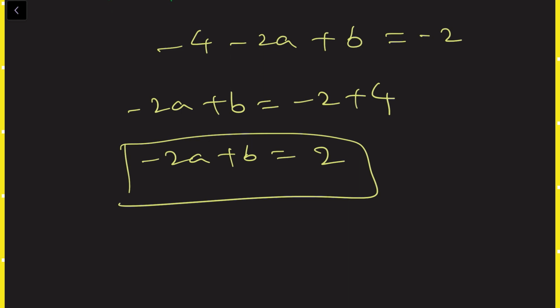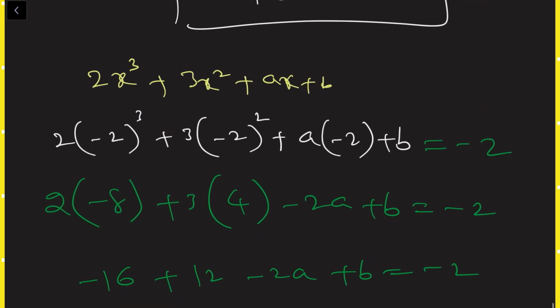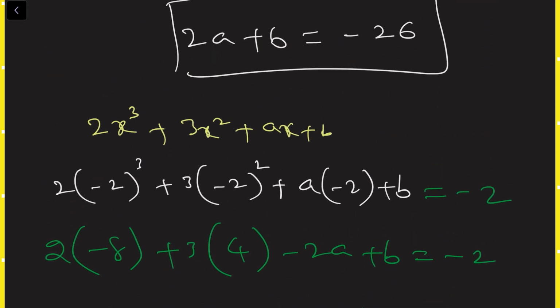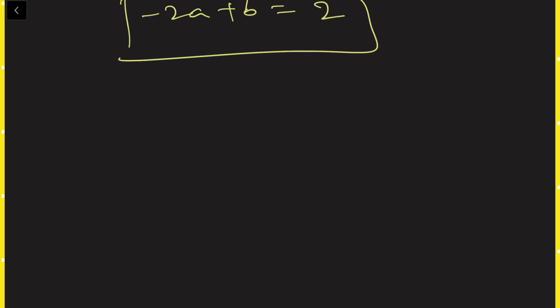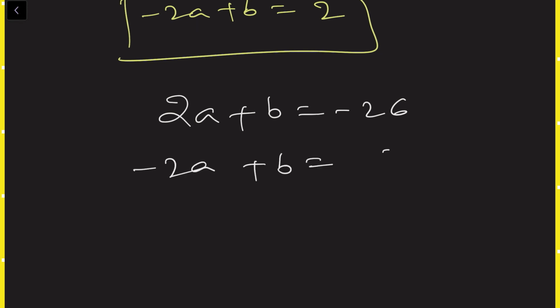Now let us solve both the equations, that is equation 1 and equation 2. We have equation 1: 2a plus b equals minus 26, and the second equation: minus 2a plus b equals 2.